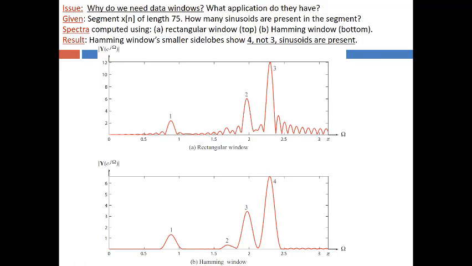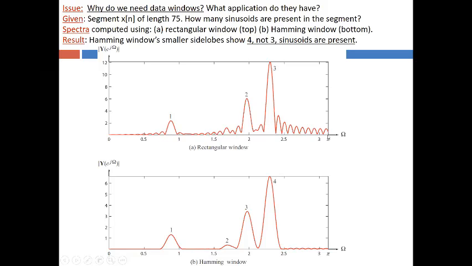You want to use a window with very low side lobes if you may have some small signals nearby some bigger ones. Here, if we used a rectangular window and truncated them off, we got this spectrum out of our spectrum analyzer, and somebody asks, okay, what frequencies are there in my data? Well, you say, for sure, I got these 3 frequencies. I don't know if any of these others are relevant or not.